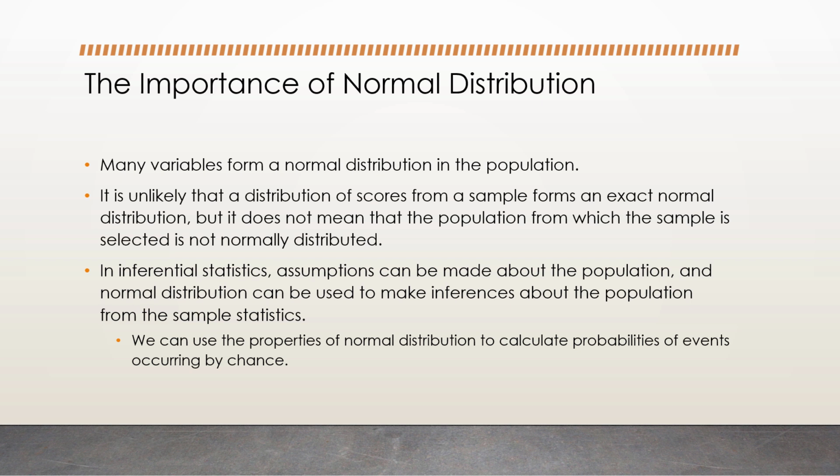But if we have reasons to believe that the population from which the sample was selected is normally distributed, then in inferential statistics, assumptions can be made about the population, and the normal distribution can be used to make inferences about the population from the sample statistics.